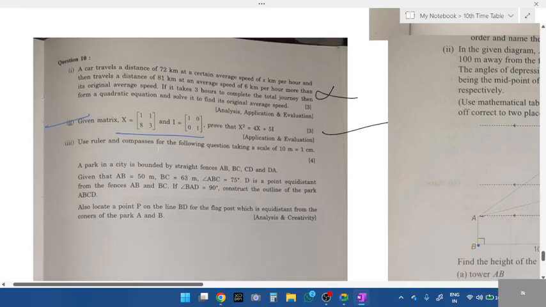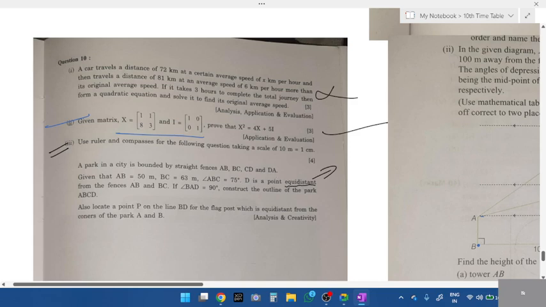Construction question. Is this normal construction, or what kind of construction is this, students? Read the question and tell me. Normal construction or locus? Can you see this, equidistant? Whenever equidistant is given, it's a locus question.